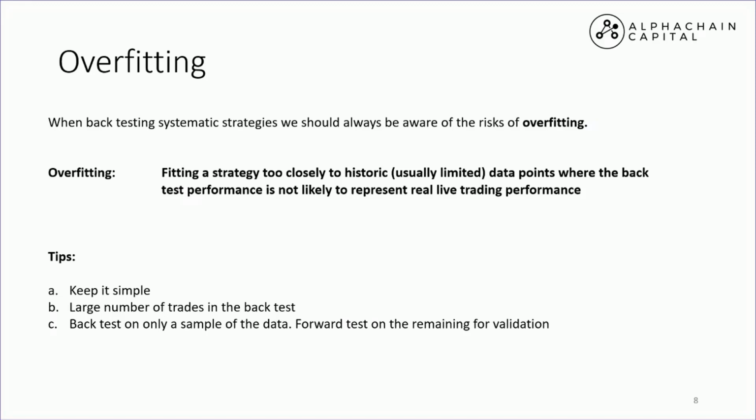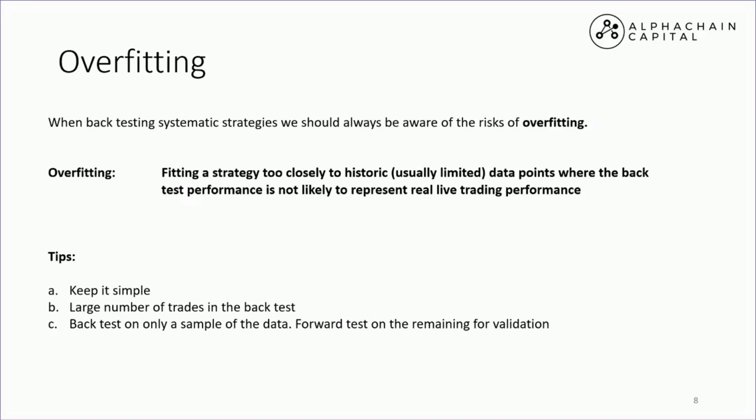And finally, backtest only on a sample of data and forward test on the remaining for validation. This is something you can look online on how to choose a window for your backtest. If you only want to backtest on a certain portion of the whole data, you can do that, and I recommend you do. Why that's good is because you could backtest maybe on 60% of the data you have available.